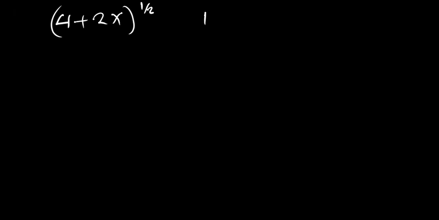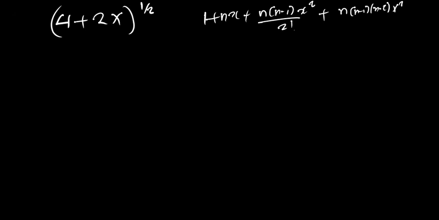Using the same formula, 1 plus nx plus n(n minus 1)x squared divided by 2 factorial plus n(n minus 1)(n minus 2)x cubed divided by 3 factorial.